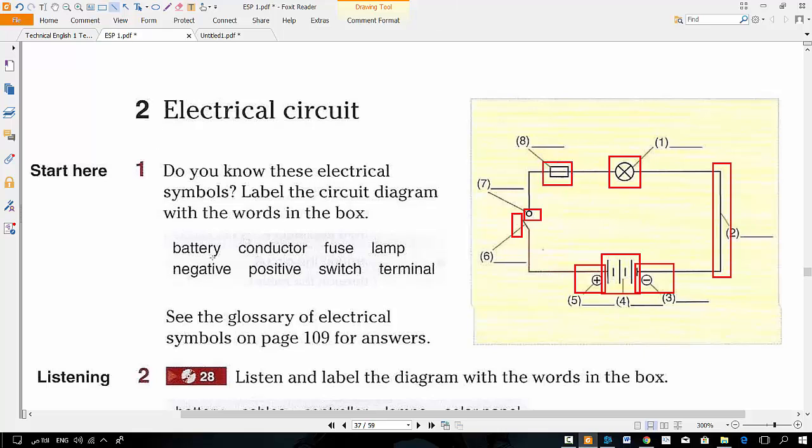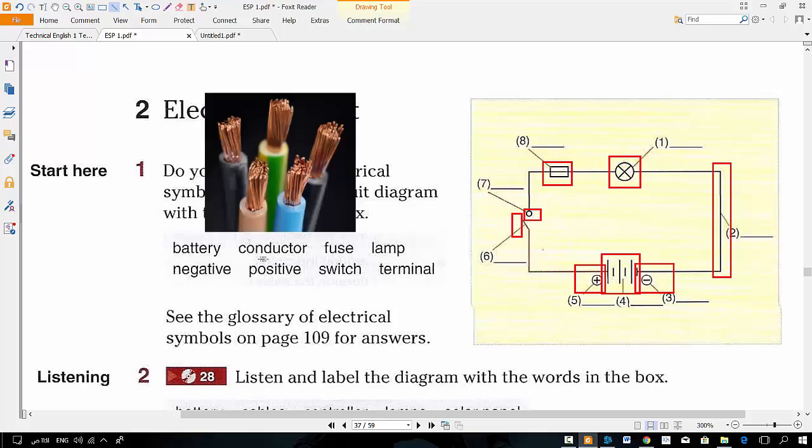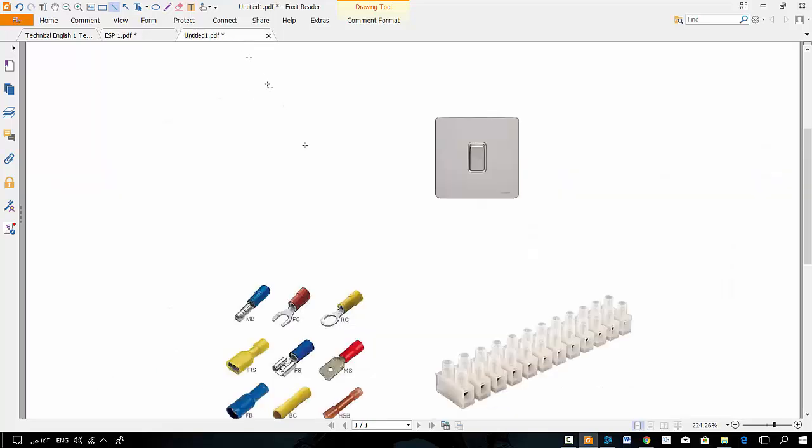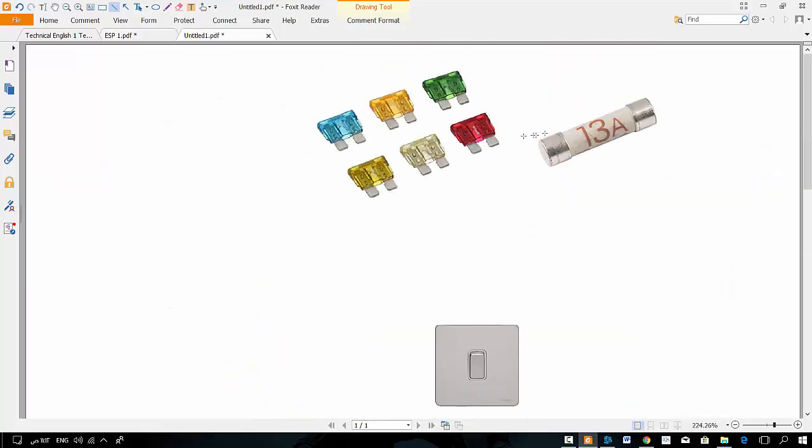Battery, conductor, الموصل, fuse, these are fuses. Yeah, these things are fuses.